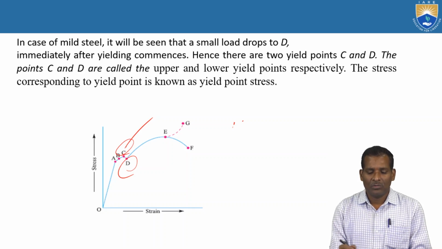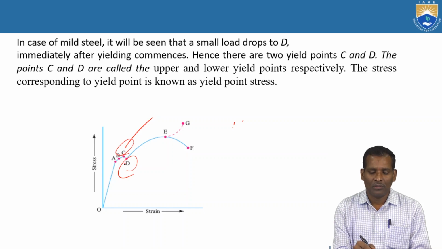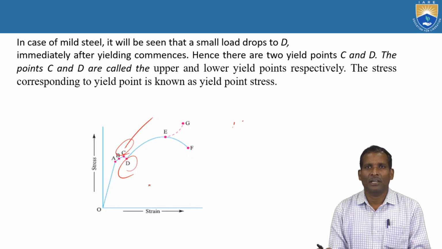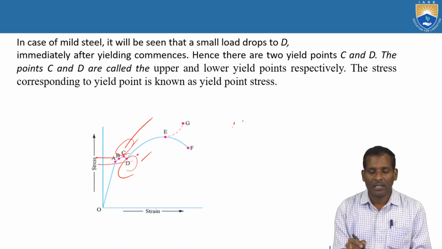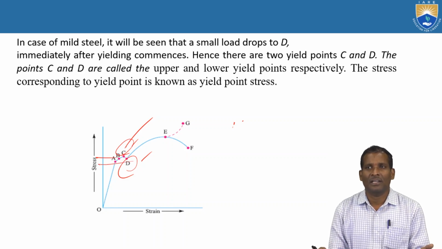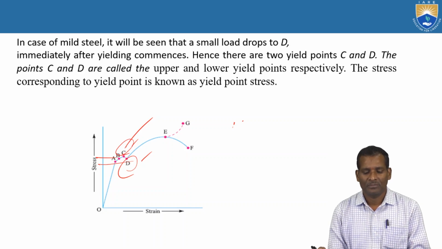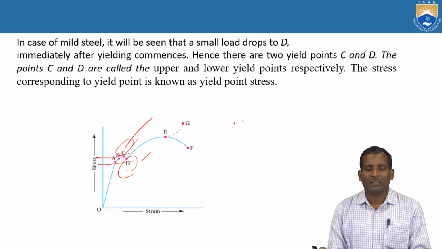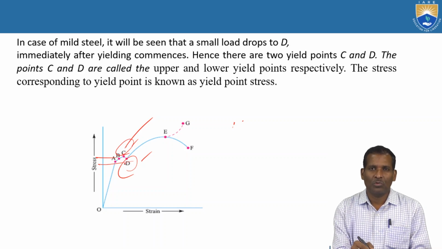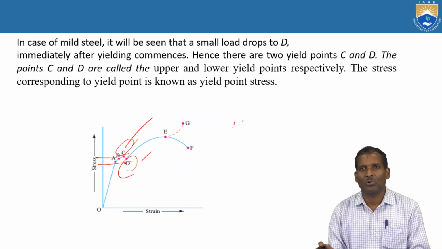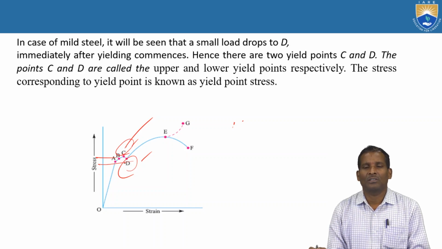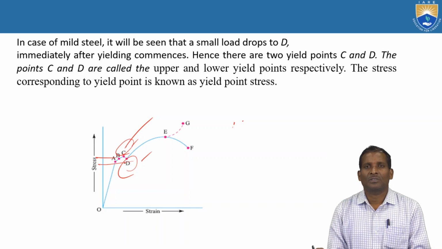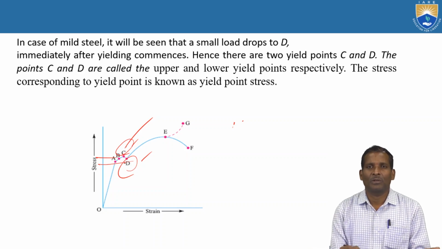C and D are called the upper and lower yield points, and these corresponding stresses are called the yield stresses: yield stress at C and yield stress at D. Actually, these two values are almost the same, there is no larger variation, so sometimes in problem solving they may be taken as the same.